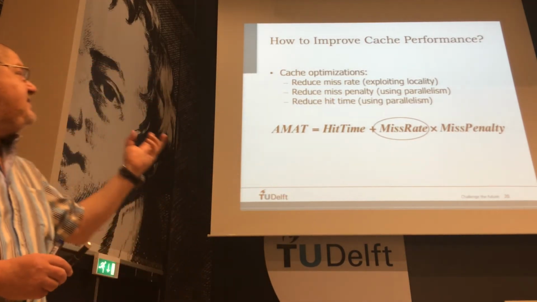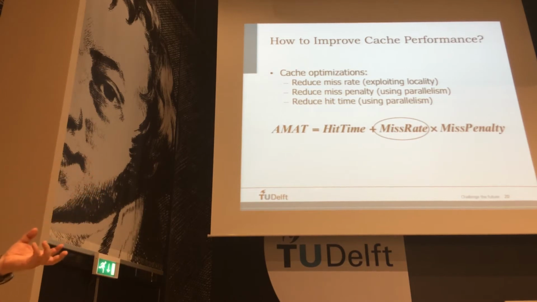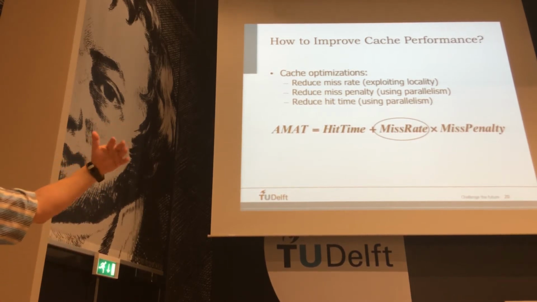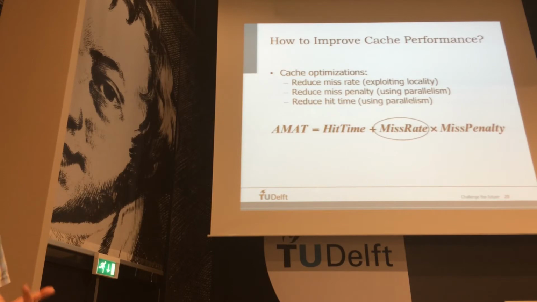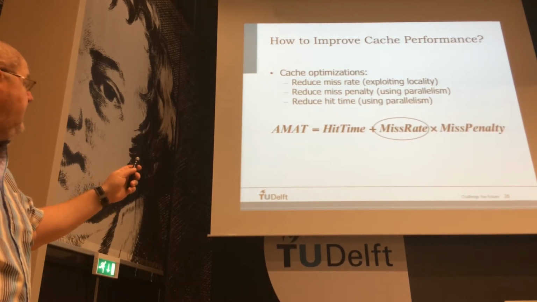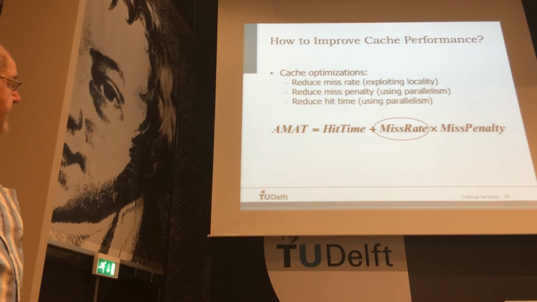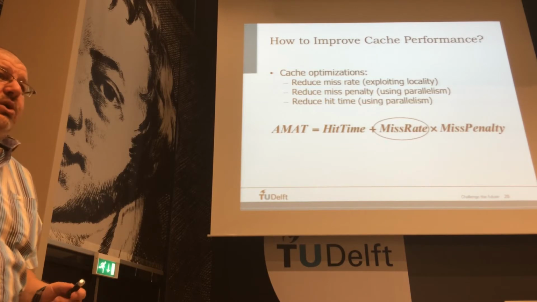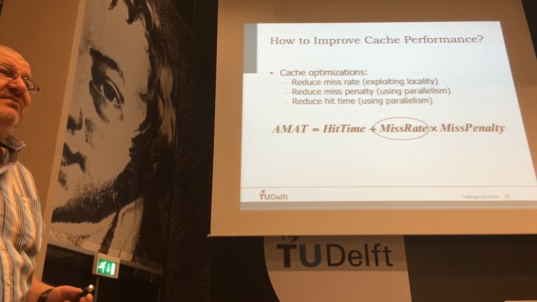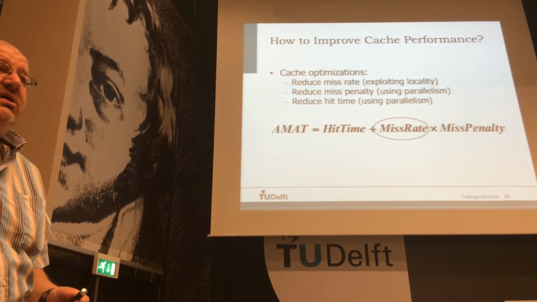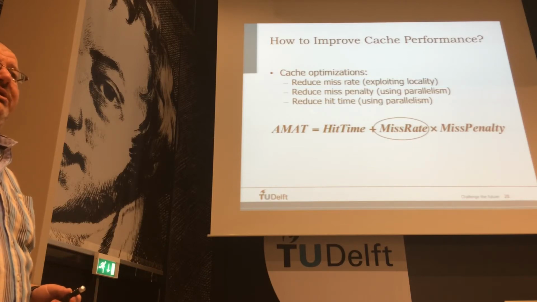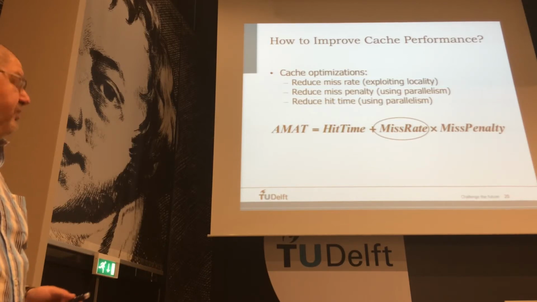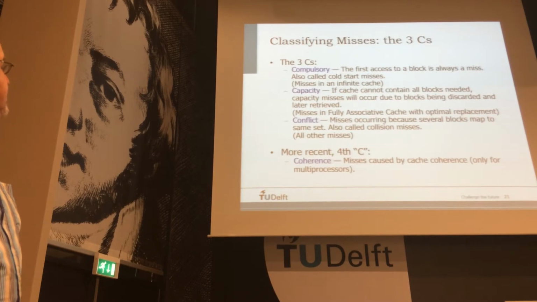If I can make the miss rate low, the miss penalty can be high and will not be that visible. Then it's very important that I improve the miss rate, which means if I could use an oracle, I would always have the information that I'm looking for. I cannot use an oracle, but I can try to improve the efficiency of this system.